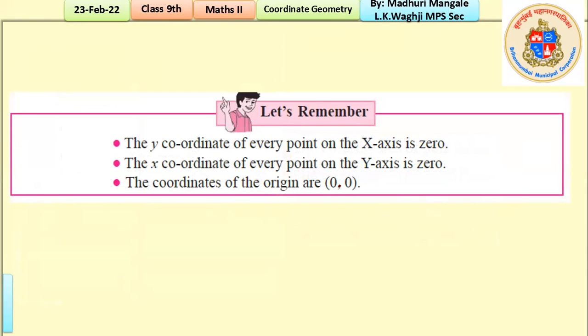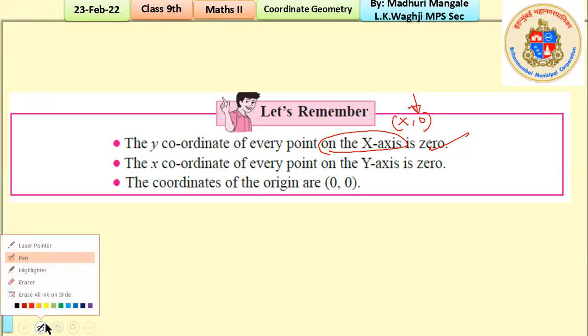Next, we note that any point which is on the x-axis is always of the form x comma 0. So the y coordinate will always be 0. Likewise, what about a point on the y-axis?